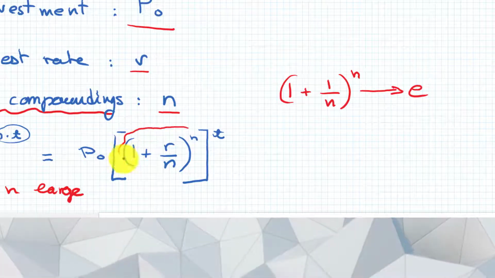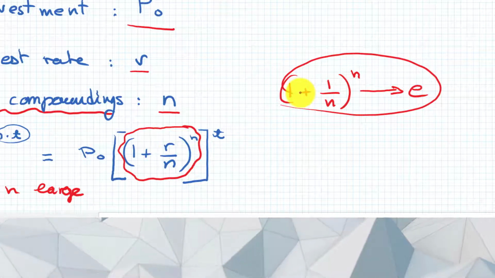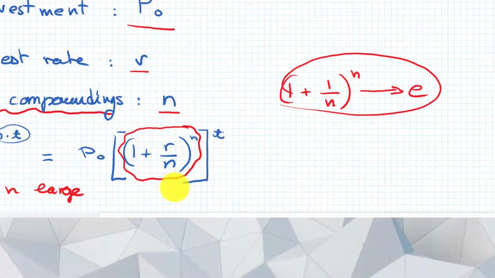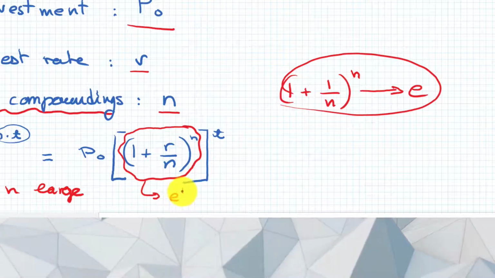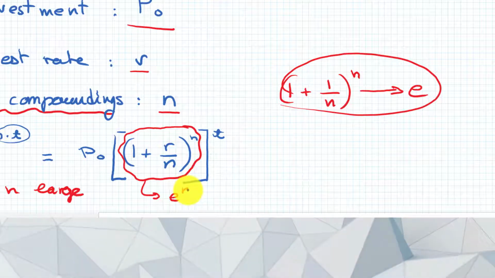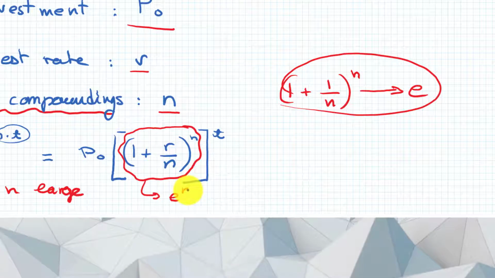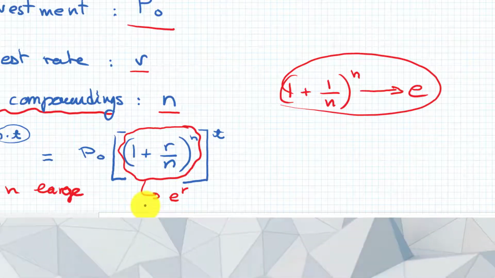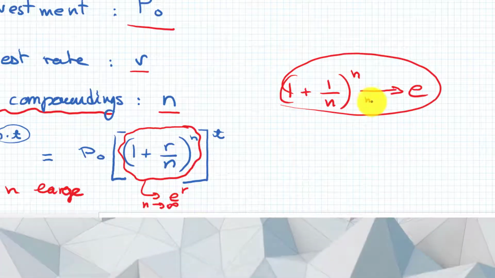Now, right here inside, we have a quantity. It's not the same as that, but it is not difficult, and you can do that in pre-calculus, to show that this quantity approaches e to the power of r. A little change of variable will do it. This approaches e to the power of r as n approaches infinity, of course, as n grows very, very large.